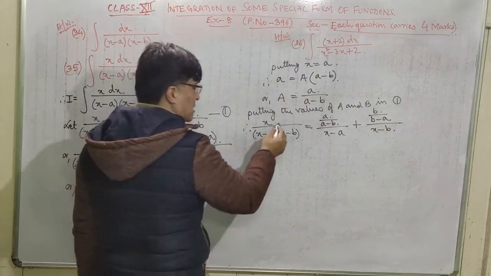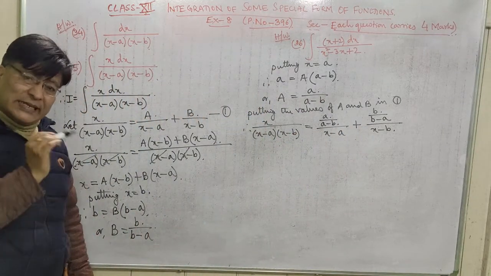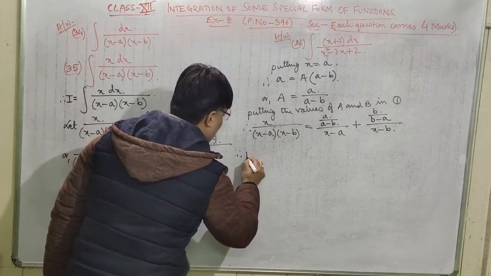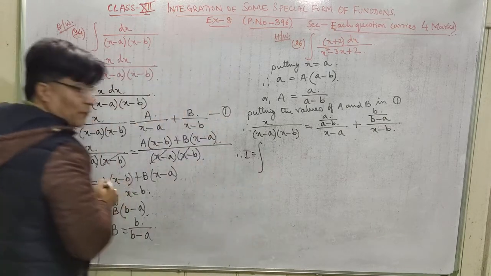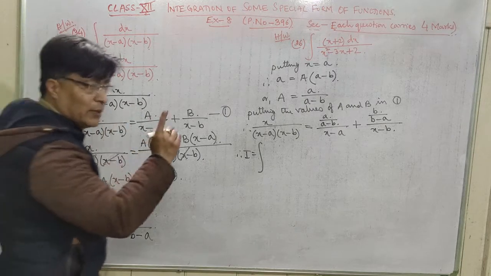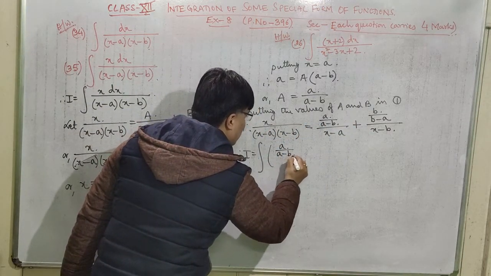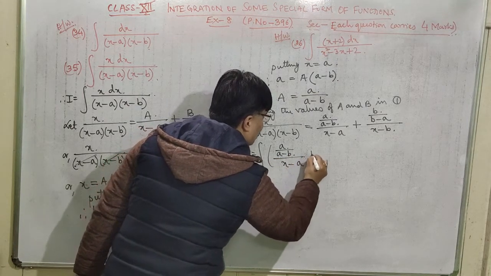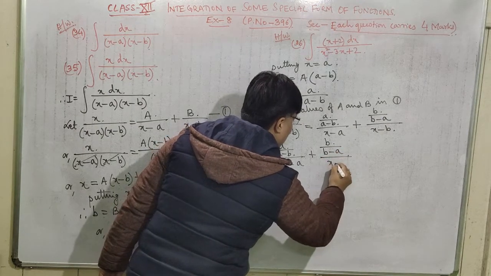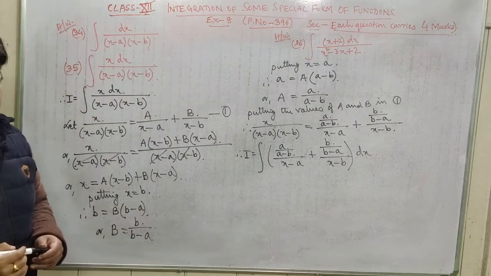So we have converted this fraction in terms of partial fractions. So let us write down this partial fraction in case of integration. So I is equal to integration of, instead of this fraction x upon x minus a into x minus b, we can write this partial fraction a upon a minus b divided by x minus a plus b upon b minus a divided by x minus b, bracket closed, then dx.